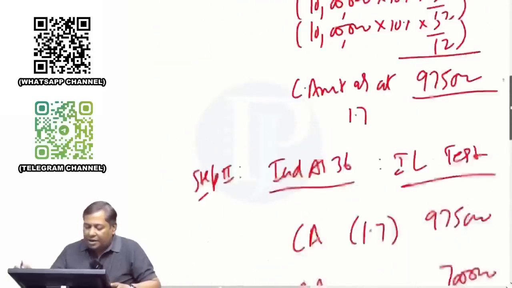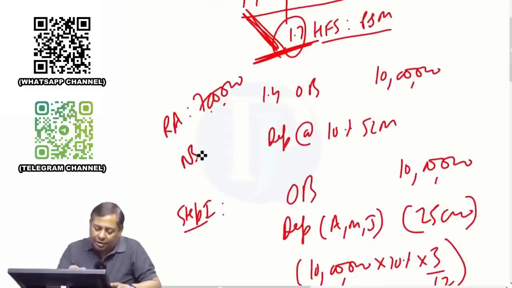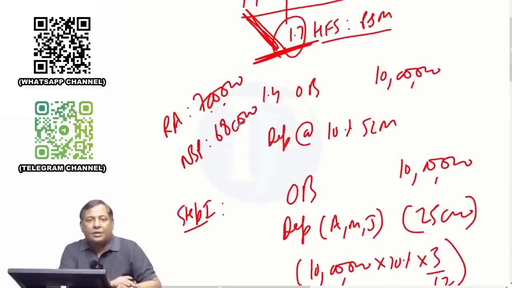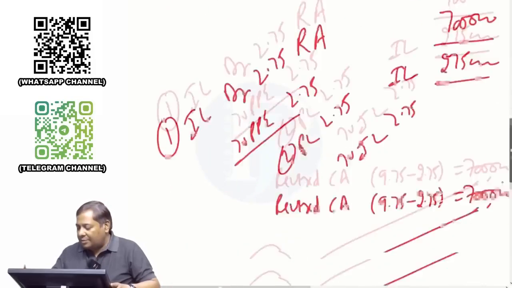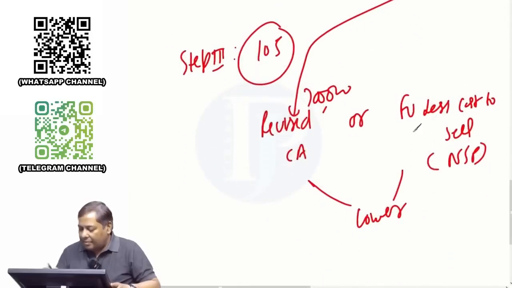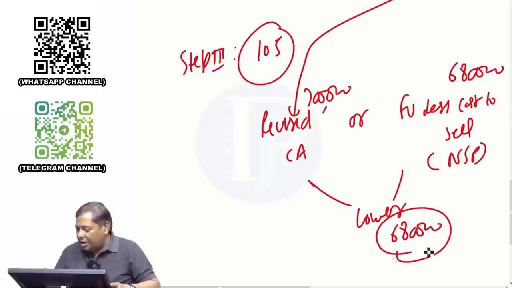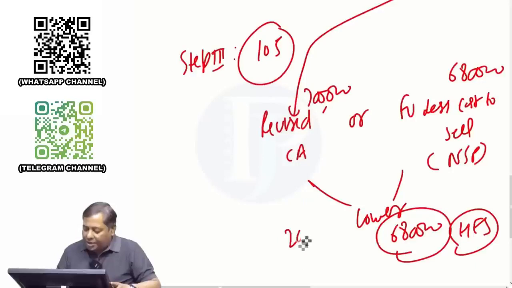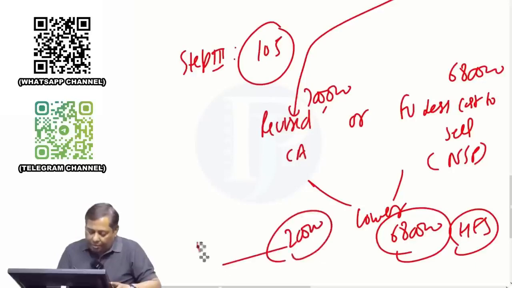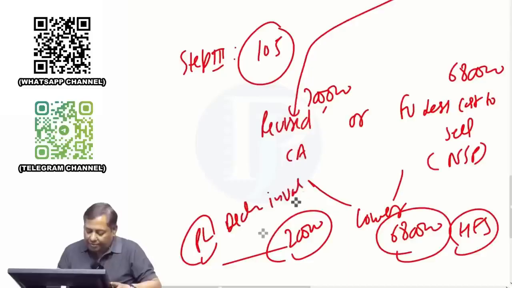When I checked the question, I found NSP there. Let's assume it is 6,80,000 rupees, so I kept NSP here. Whichever is lower, 680 will go into your held for sale, and the amount of 20,000 rupees will be written as decline in value in profit and loss.